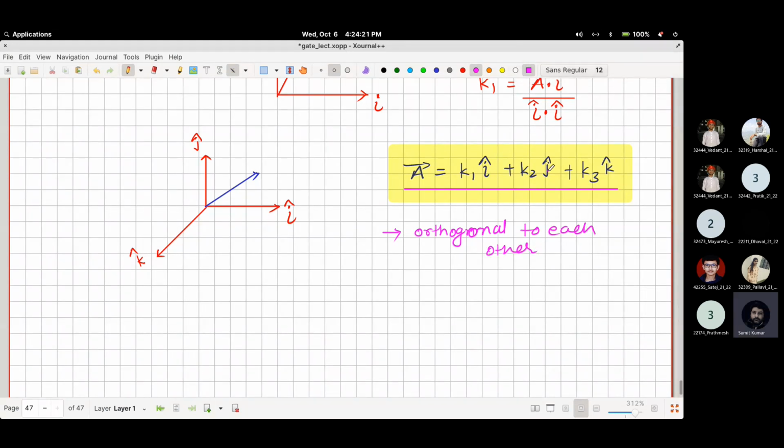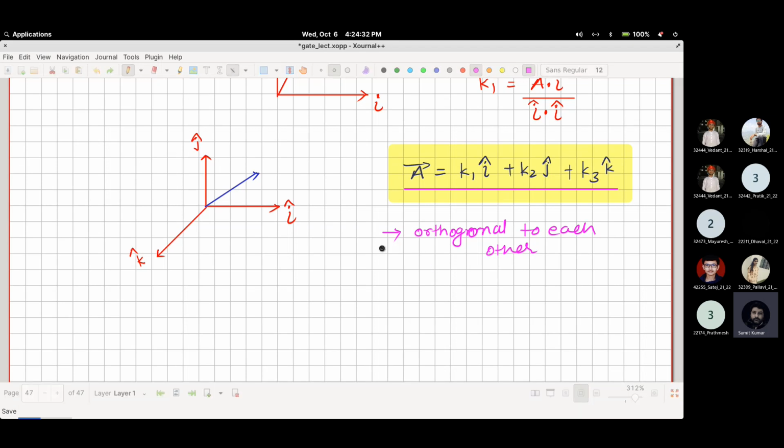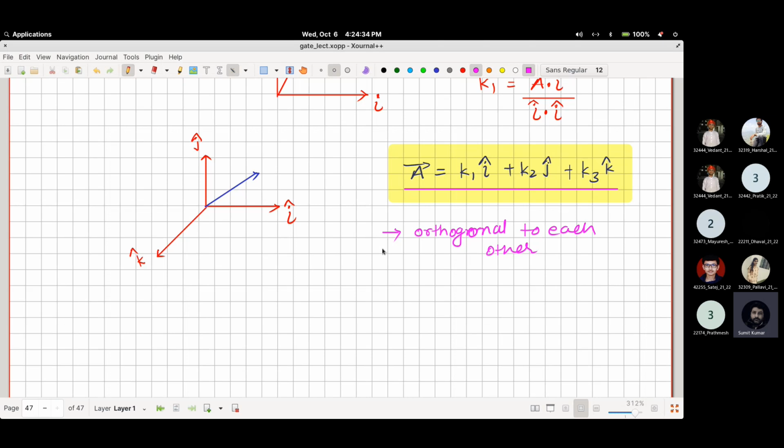I is orthogonal to J and K, J is orthogonal to I and K, K is orthogonal to I and J, right? If you have an orthogonal set of vectors, not talking about the fact that they are unit vectors, then you can easily express any vector in terms of that orthogonal vector set.